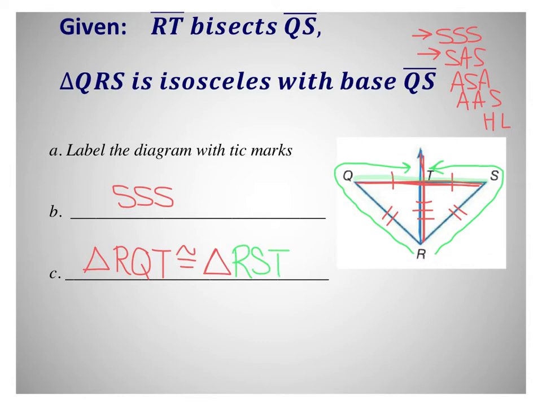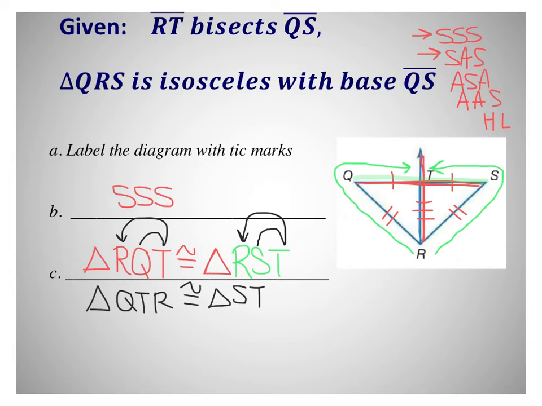Now, any combination of this is okay. If I wrote QTR, I started at the middle, went to the end, and hopped back to the front. I would have to take that same path for the second triangle: start in the middle, go to the end, hop back to the front. So that would be congruent to STR. What if I wrote triangle TRQ?